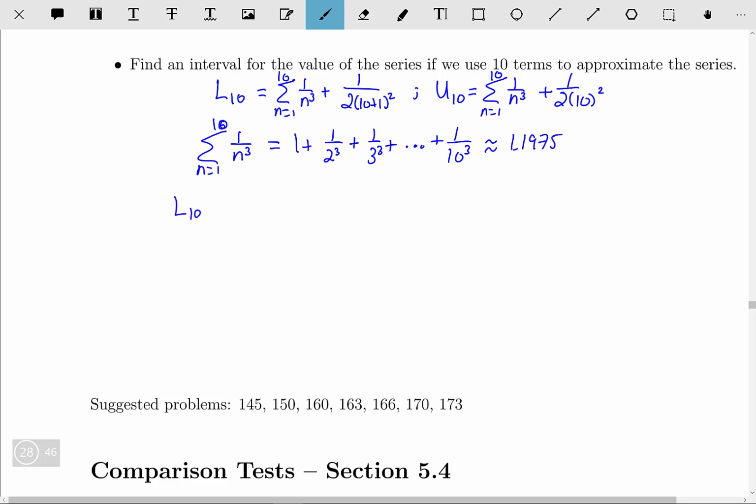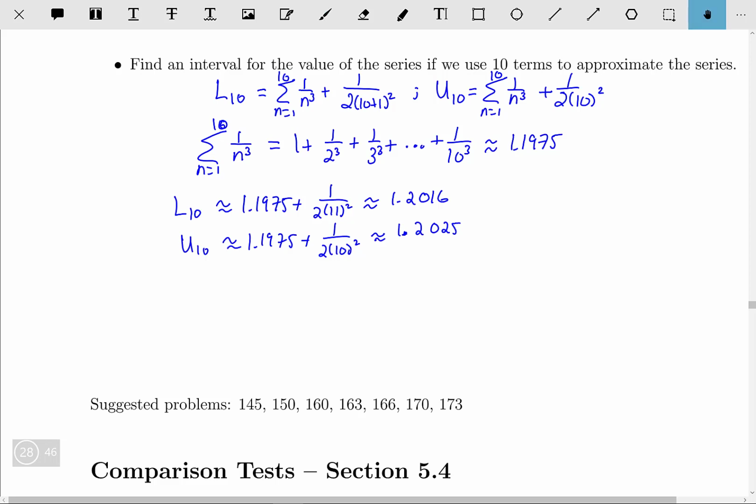So our lower bound is approximately 1.1975 plus 1 over 2 times 11 squared, which is approximately 1.2016. And our upper bound is approximately 1.1975 plus 1 over 2 times 10 squared, which is approximately 1.2025.